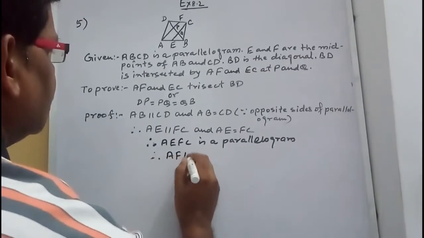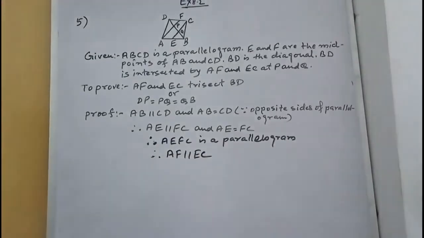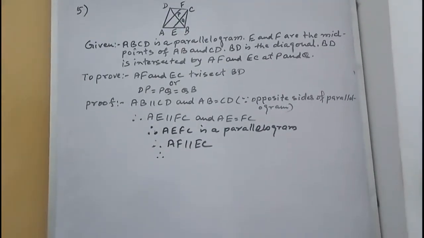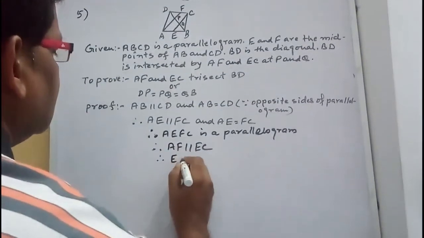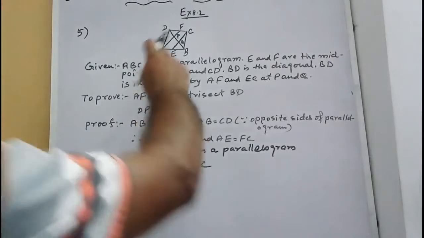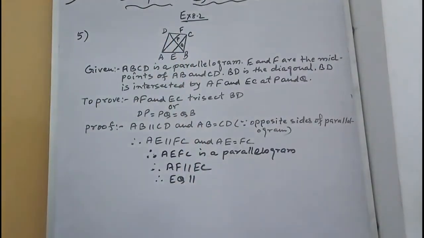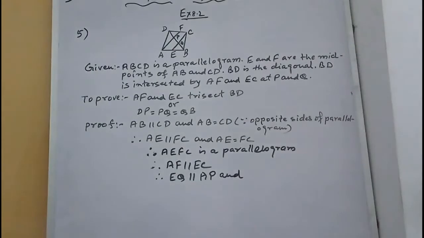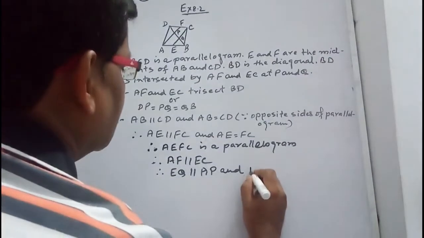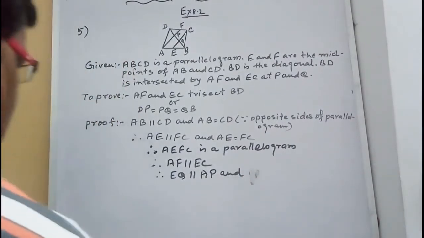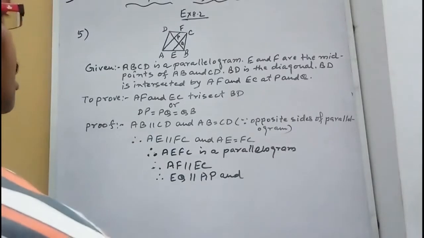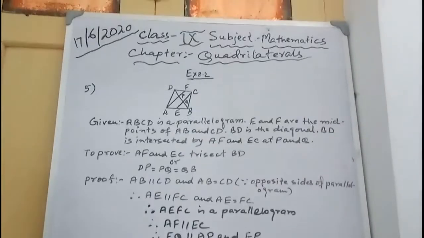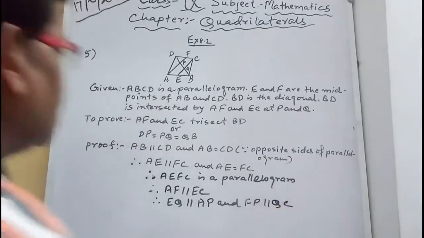Therefore AF is parallel to EC, so EQ is parallel to AP, and AP is parallel to QC.